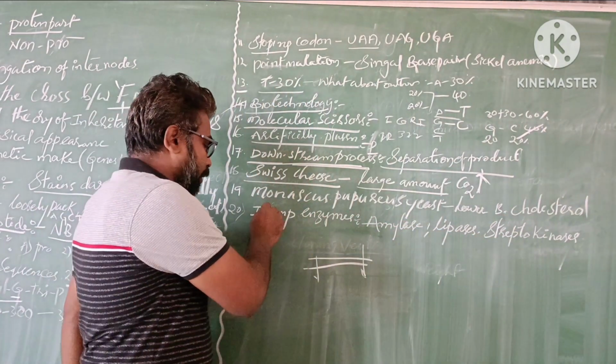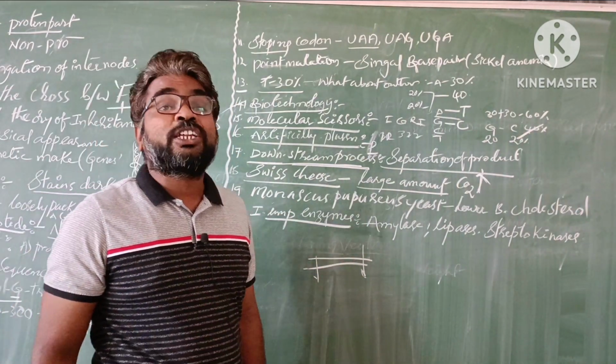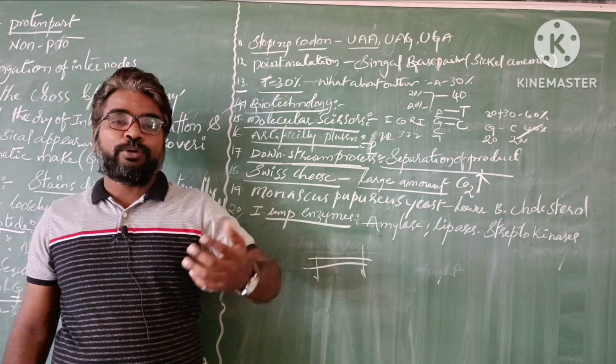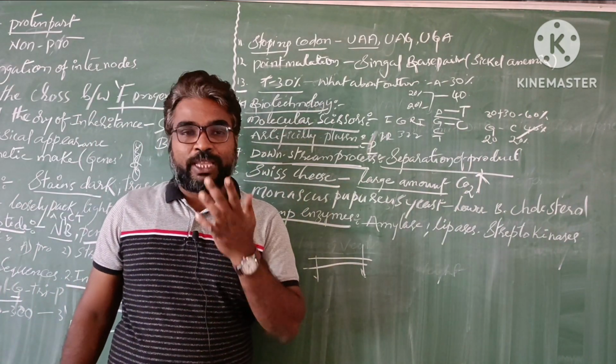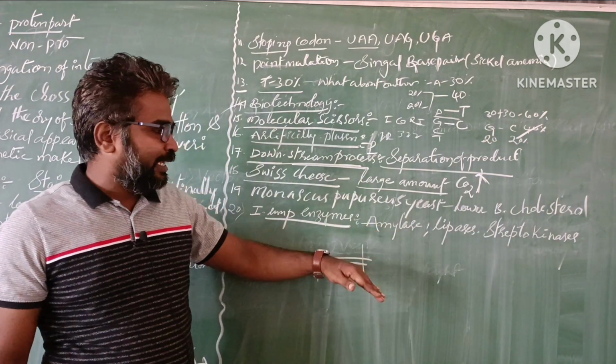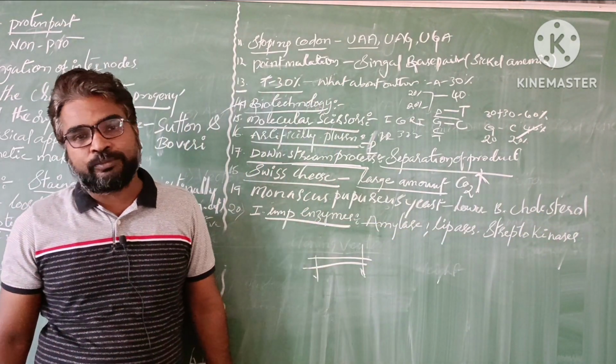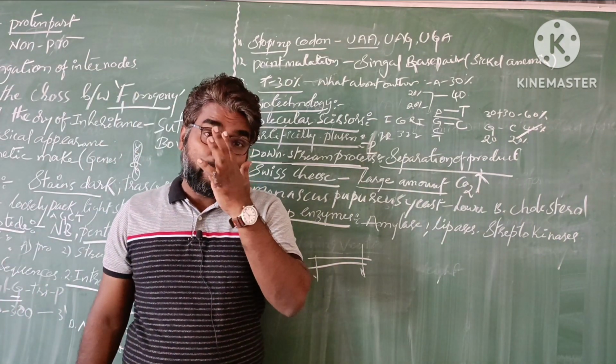The important enzymes which are used in industry. For industrial purposes, we use different types of enzymes. Among them, the important enzymes are amylase, lipase, streptokinase. These are the enzymes we use for industrial purposes.